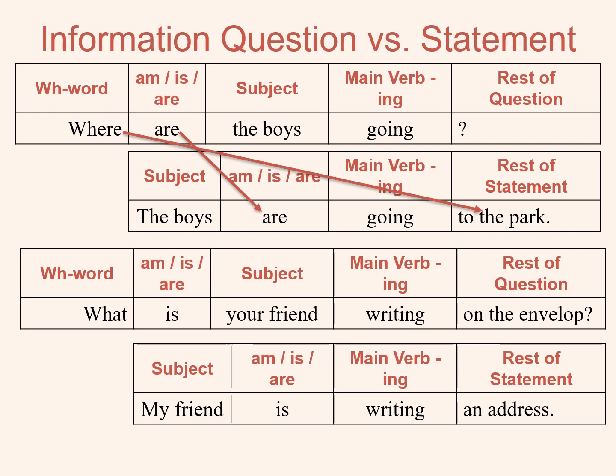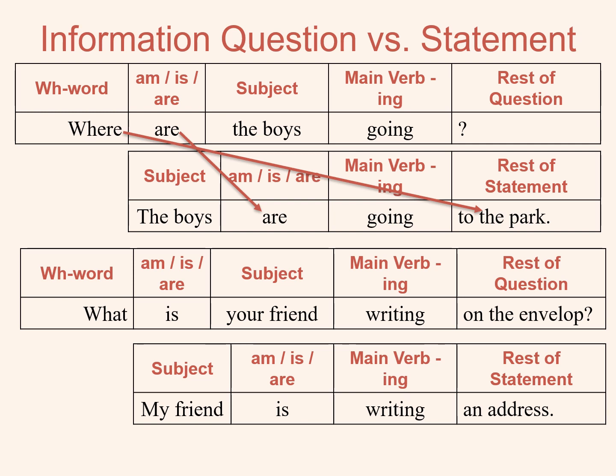So similar to yes/no questions, in the question we get am or is or are, then the subject. In the statement, we get the subject and then am or is or are, and then the main verb with ing. In the second example, we get what is your friend writing on the envelope? So again, we get a question word in this what, then we get is, the subject your friend, and then writing.